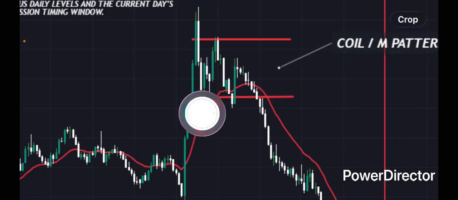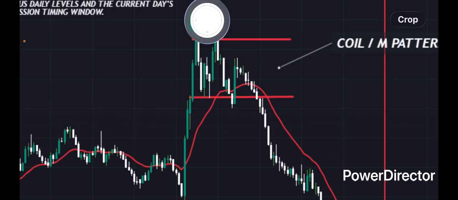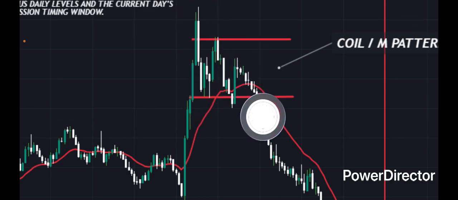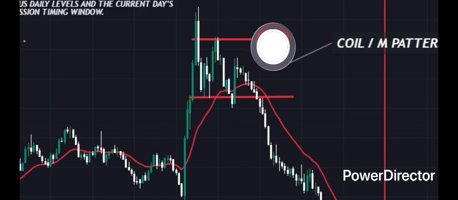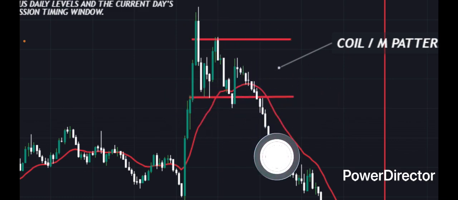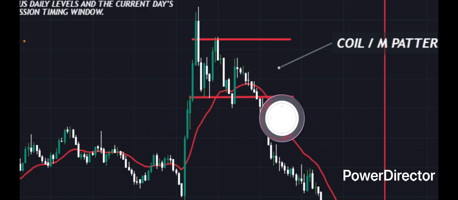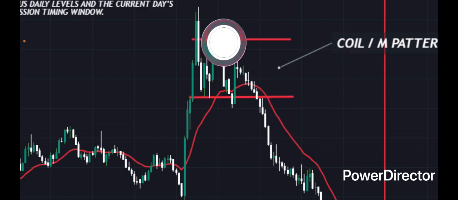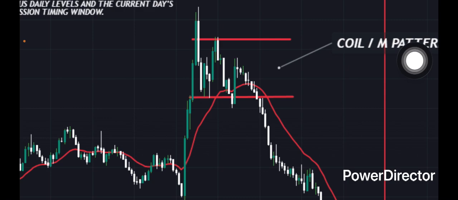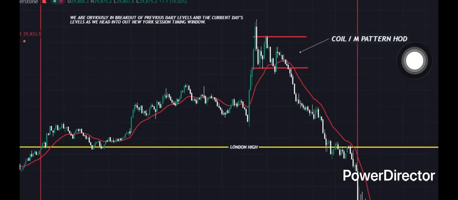You can see on this 1 minute chart, we have engulfed right here, and then we print this little M pattern. We have a coil sideways. As soon as we break that death line there and we're closing below that EMA, you are in this market. Your stop's going up here or at the high of the day, and you're targeting the opposite side of the range.